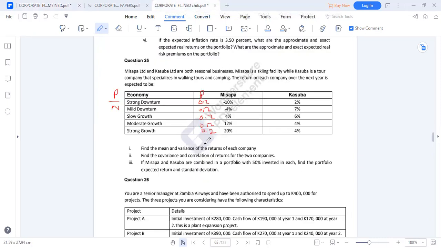So this is how this question was supposed to be answered in relation to finding the mean and the variance. Are we together? Are we together on the first part, everyone? Yes, kindly show the solution again.